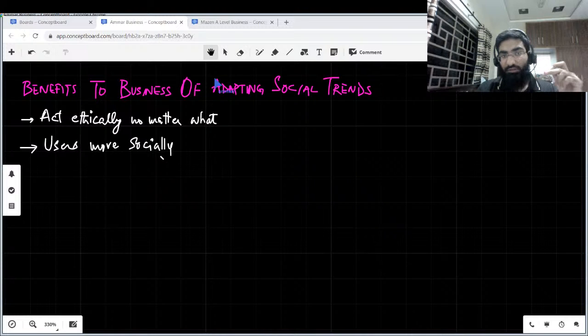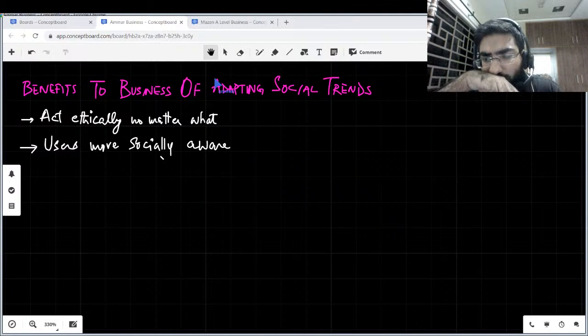Similarly, with this issue around Israel, every other day, whenever they commit an atrocity, and whenever it crosses a certain limit, there are countries and people who boycott their products. So users are more socially aware. Even from the financial perspective, it's more rewarding to act ethically.